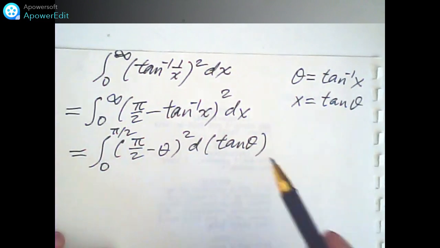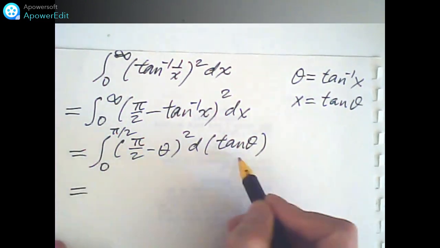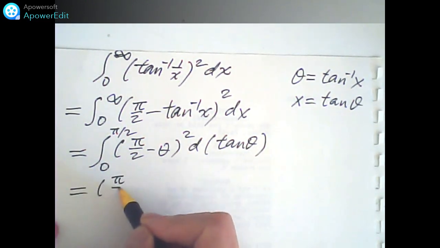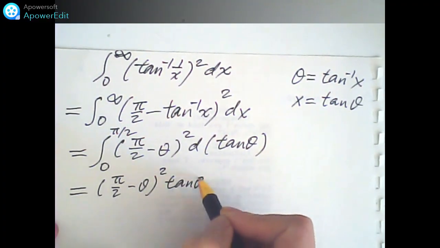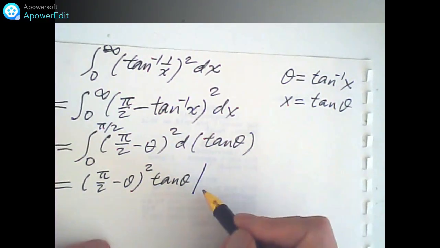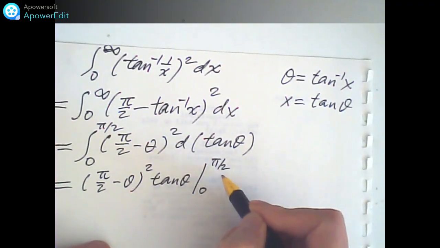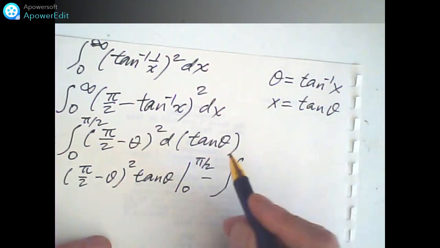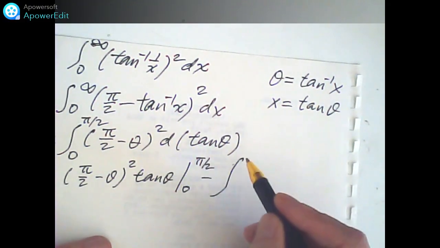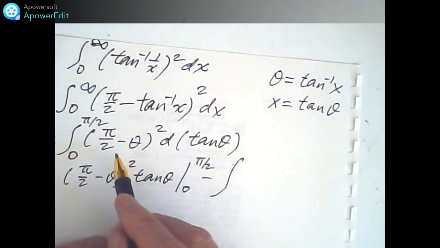This is u, this is dv, right? And this is uv, half pi minus theta squared times tangent theta from 0 to half pi, minus v du. V is this, du is this.